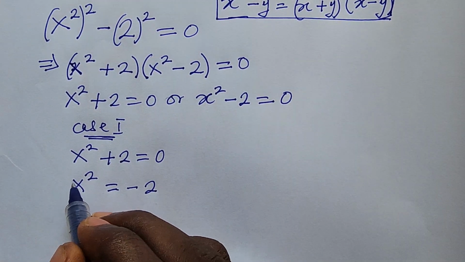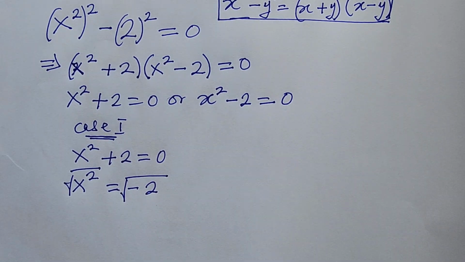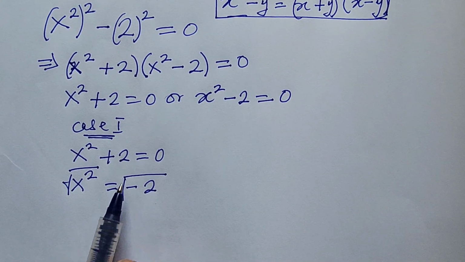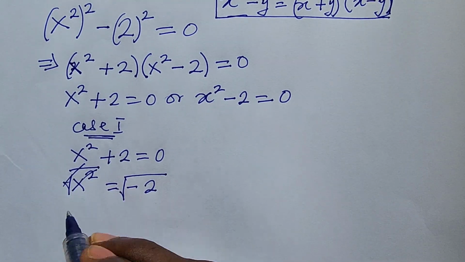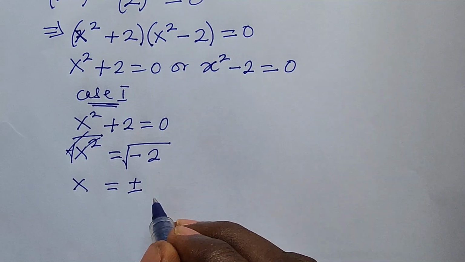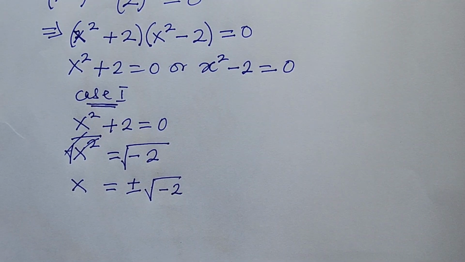So kindly take the square root of both sides. We also take the square root of this. And remember, once we take the square root of this side, we introduce plus minus. So we now have x is equal to plus minus the square root of minus 2.